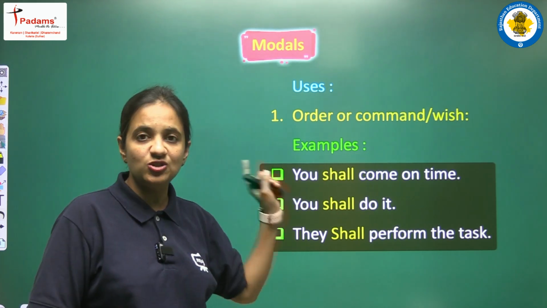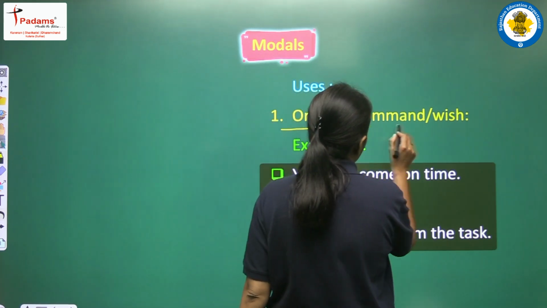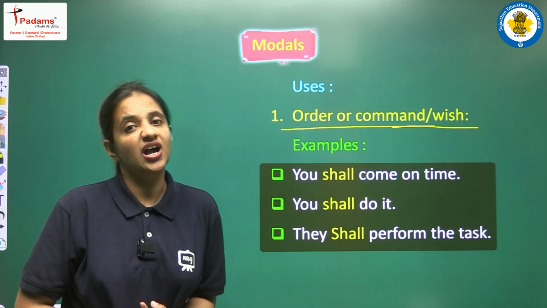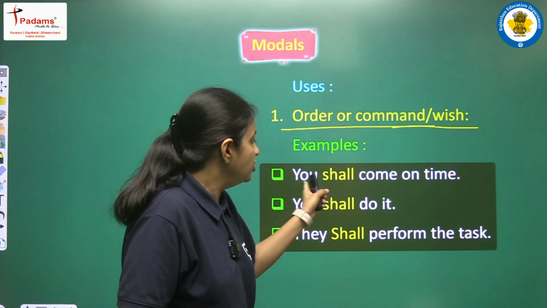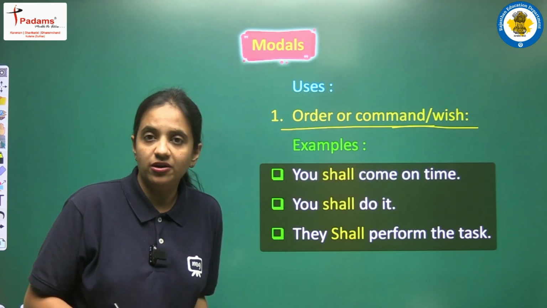So let's say the first use that we have here. Yes, they are used for order or command, or they are also used to express a wish. How? Let's see the examples. The first sentence is: you shall come on time. This is one of the orders, we can say.